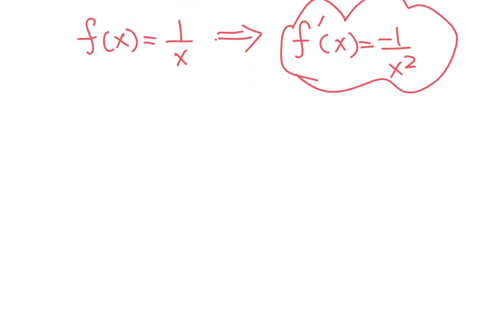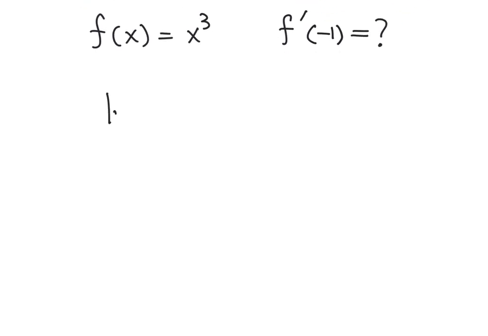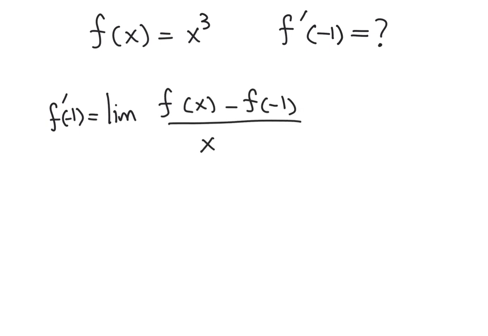Let's see one more example. Let's write f of x equals x cubed. If I ask you to find the derivative at -1, we can use this formula. f prime at -1 equals the limit of f of x minus f of -1 over x minus -1 as x goes to -1.